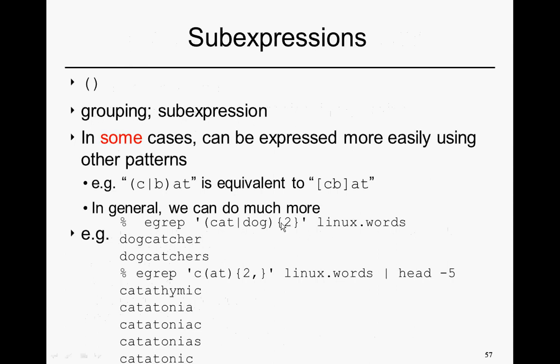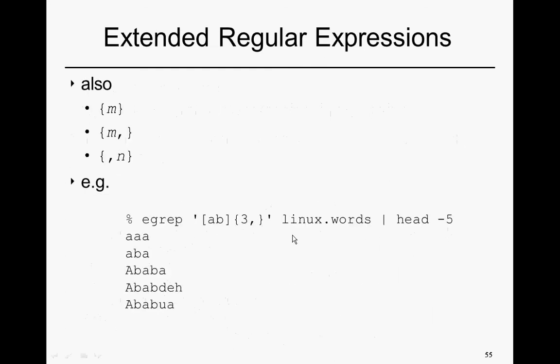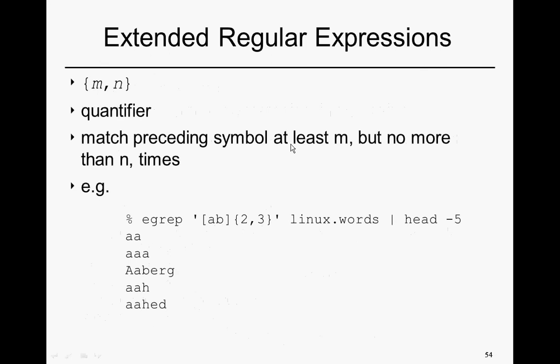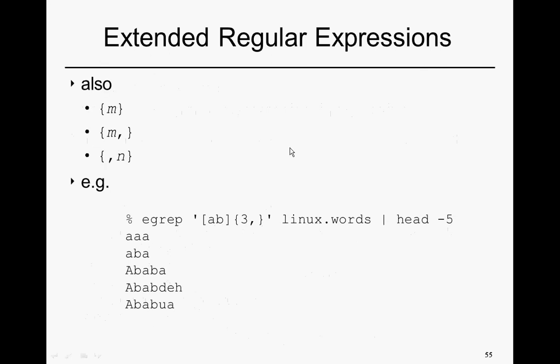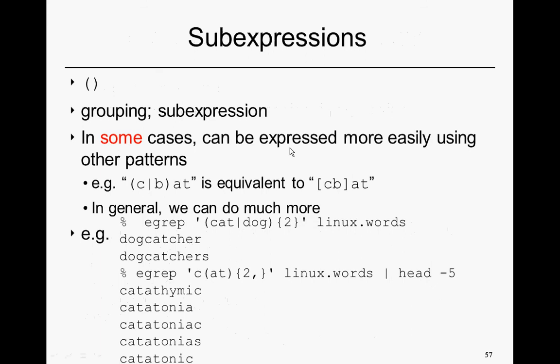So if we say, for example, this curly bracket with a two, we had seen that before as indicating that it matches at least two times. So it's going to match cat and then dog successively.